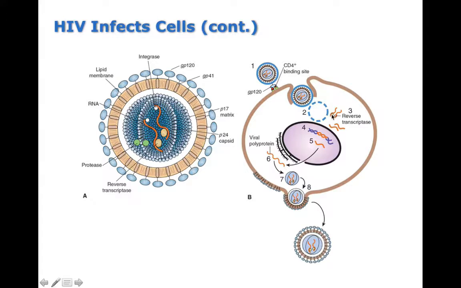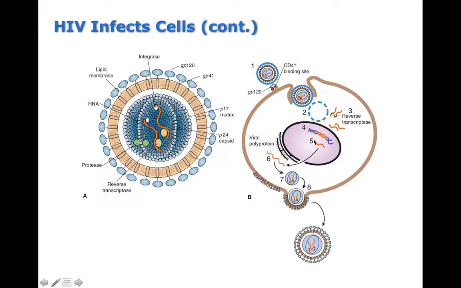Now, reverse transcriptase converts the RNA genome into DNA. These DNA strands can actually be inserted into the host cell genome through integrase. And at that point, the HIV genes will now be read and expressed as if they're the host cell genes. And so the host cell then just starts making viral polypeptides as a result.